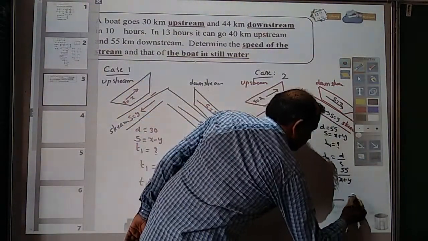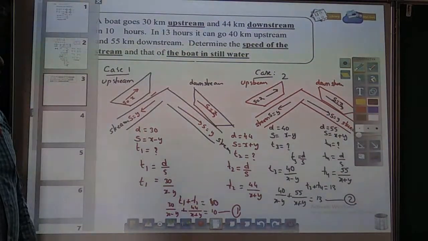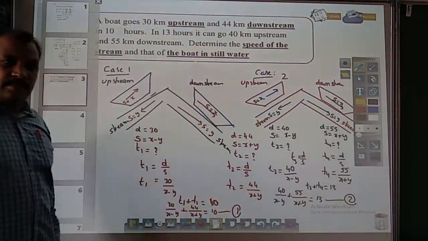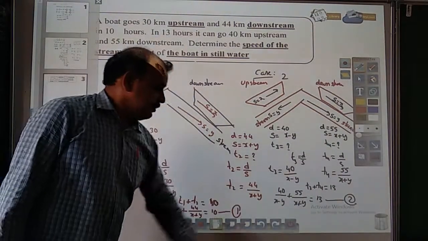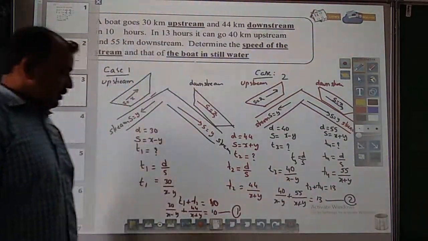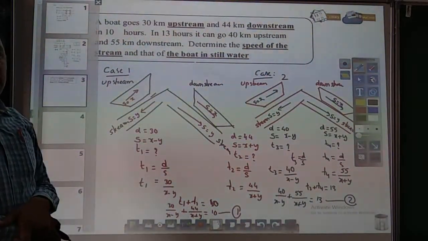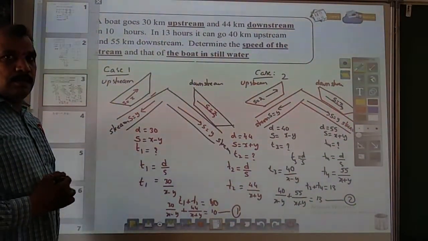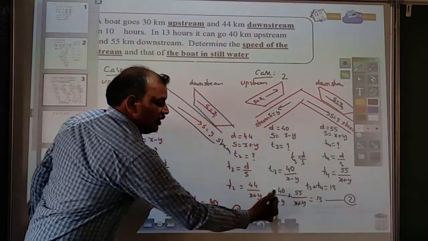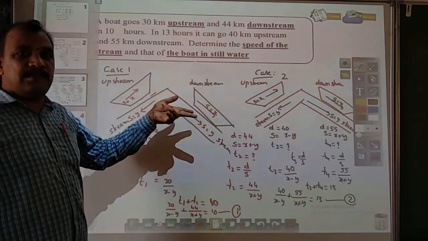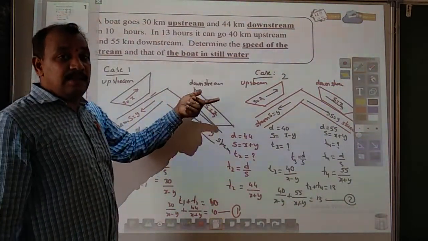That will be the second equation. So this total question is converted into two equations, a pair of equations. Again, these two equations are to be converted into a pair of linear equations.